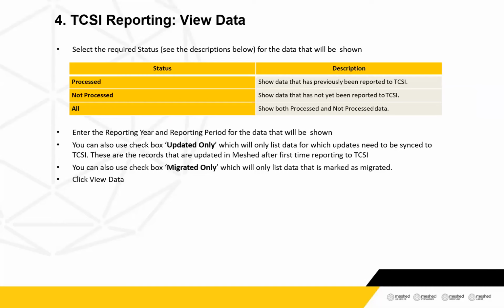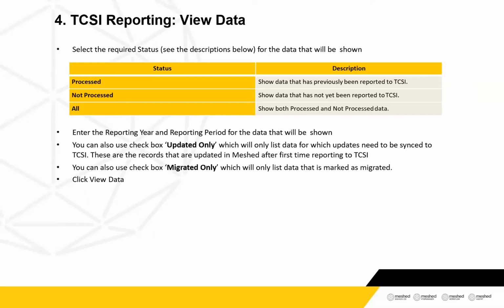But now the student has successfully completed the subject enrollment, so it has to be reported as successfully completed, which can be mapped to value 3, successfully completed, for the subject outcome. As you need to report that update again, you make the changes at the subject enrollment level. Once you make any changes at the subject enrollment level, you will receive that update sync option on the TCSI reporting page.